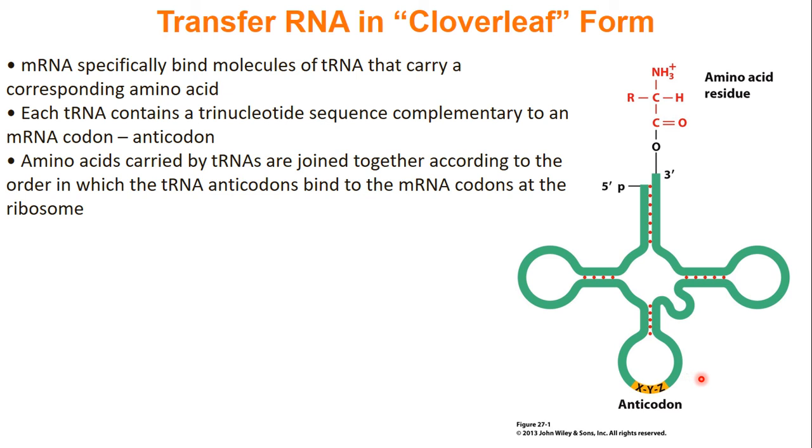We call this the anticodon. Then the amino acids that are carried by the tRNAs are going to be joined depending on what order the tRNAs bind. And that is how we are forming our protein in the ribosome.